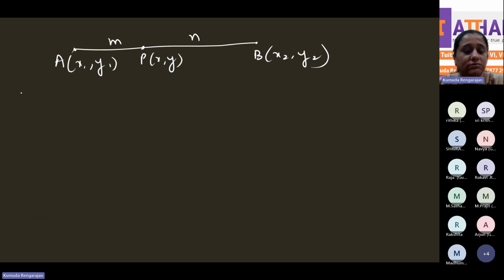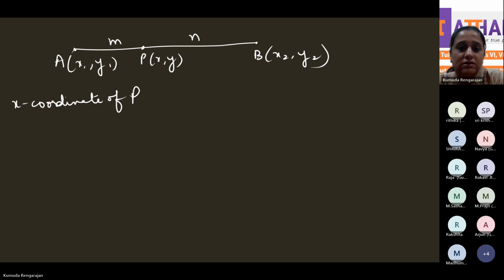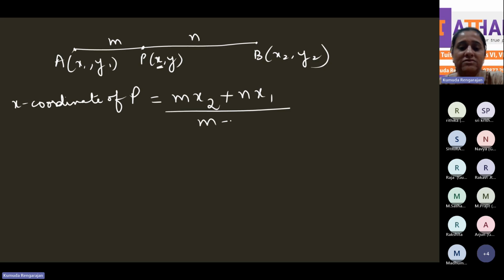So the x coordinate of P, you can find it separately. The x coordinate of P, which is x, is given by m x2 plus n x1 by m plus n. It's like cross multiplying, children.